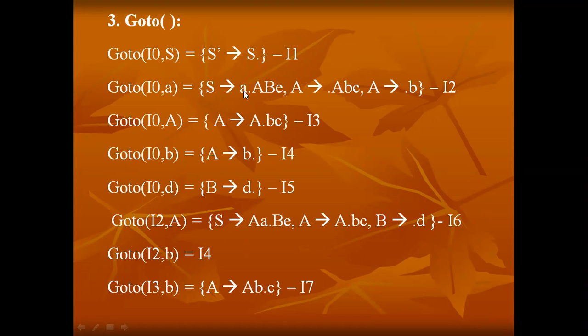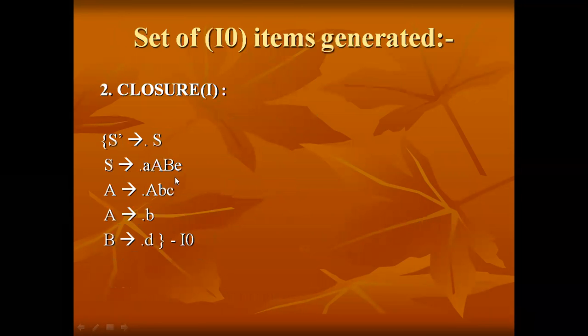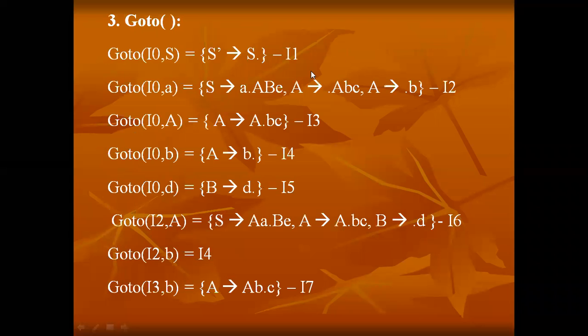Now after processing the a, it becomes a dot b c. This rule number 2 is before processing, and after processing the dot moves forward. Here I am calling the goto function with the terminal a. Initially the dot is before the a, and after processing, the dot is placed after a, right?